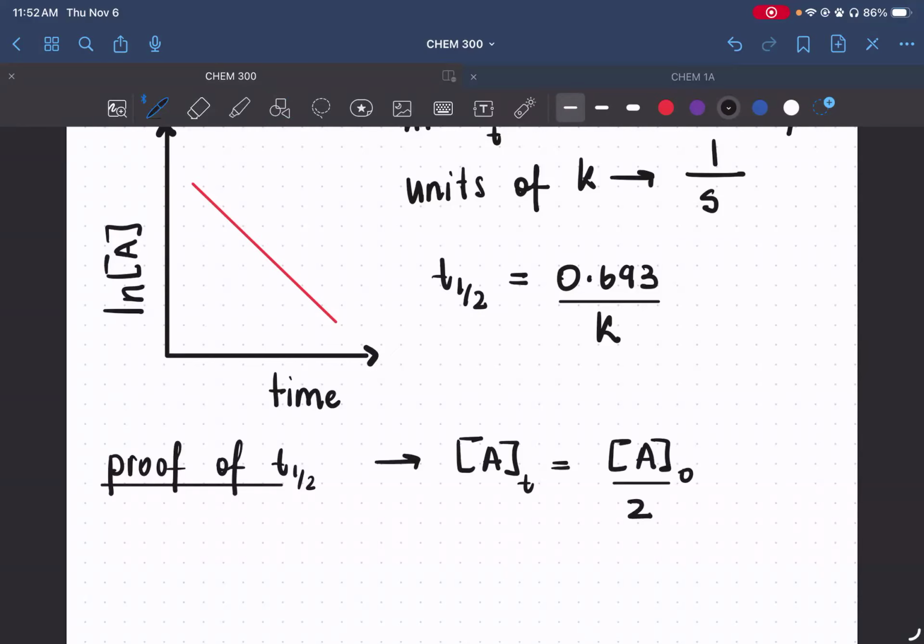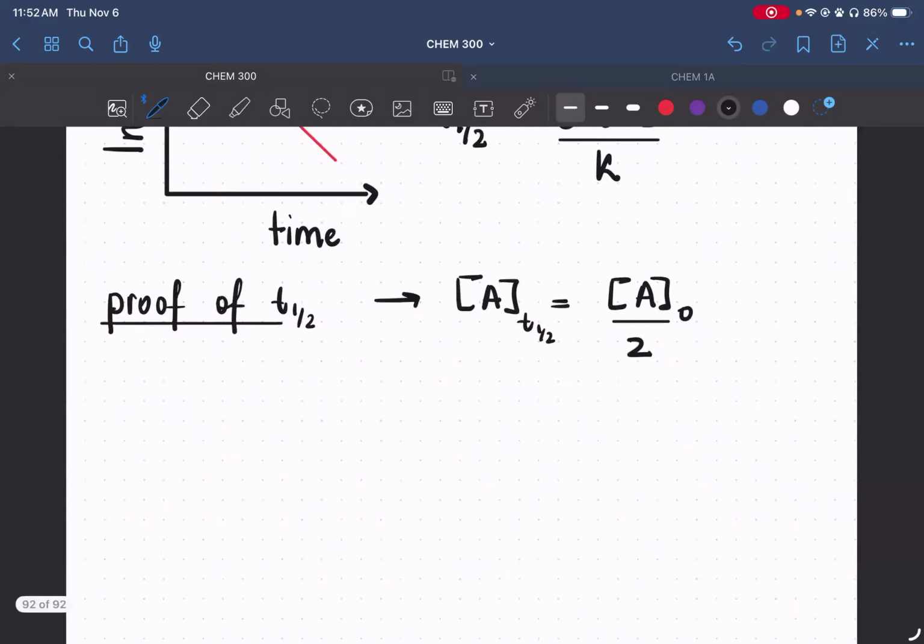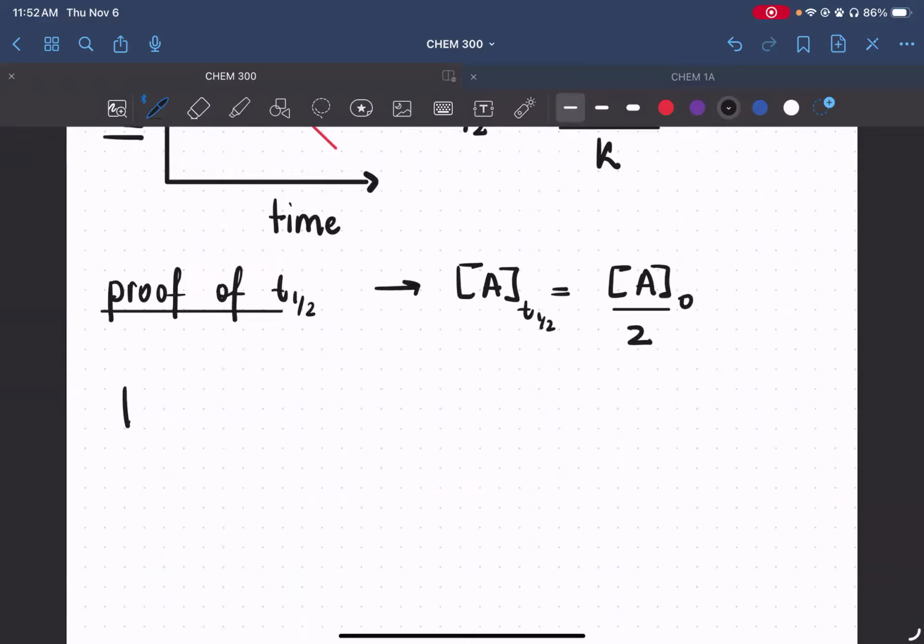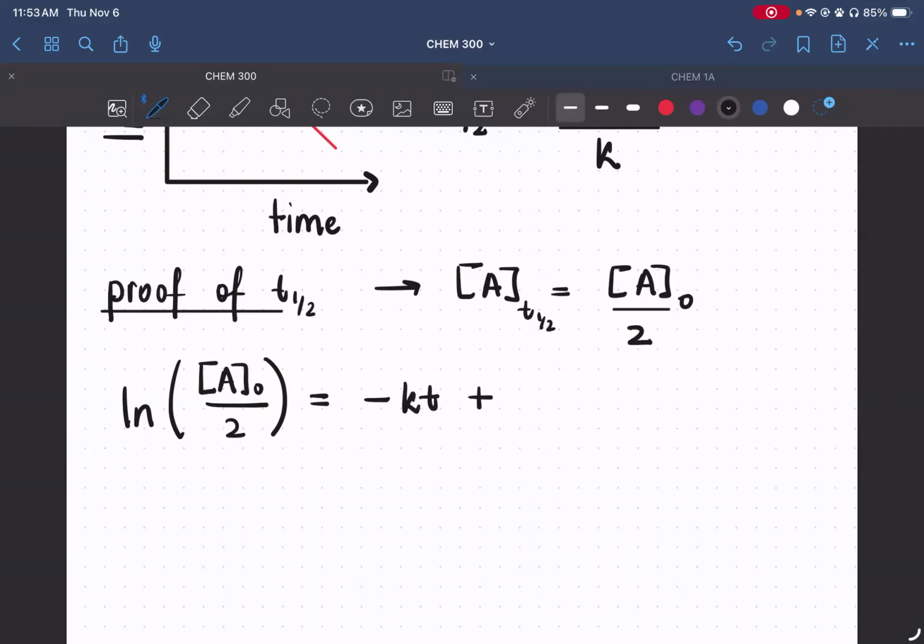This is the big assumption that we make. If we plug this into our equation, we get ln of A naught divided by 2 equal to negative kt plus ln of A naught.